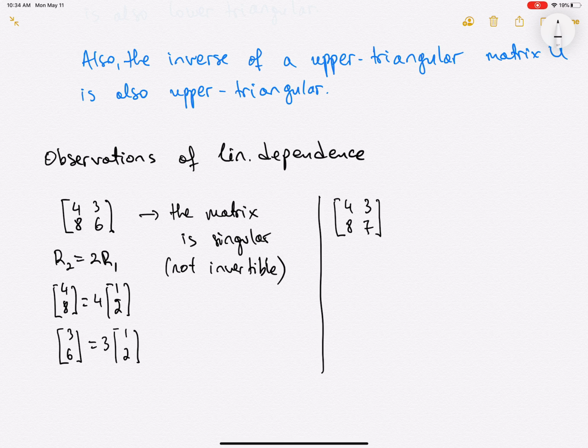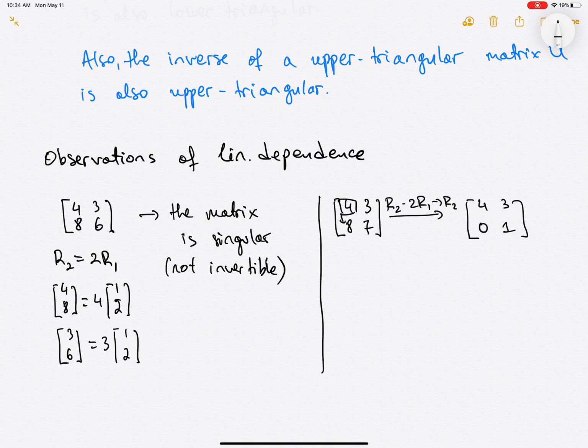Well, we had a very similar matrix just on the left, but here elimination will not be a problem. If we were to carry out elimination, trying to eliminate under 4, we would have R2 minus 2R1 into R2, and this would give us 4, 3, 0, 1.